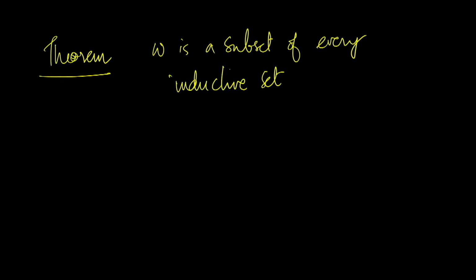Therefore, omega is a subset of every single inductive set. That is, the members of omega are members of every single inductive set. And then omega is inductive as well.